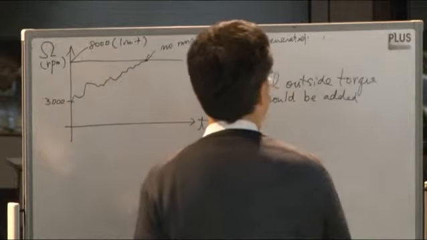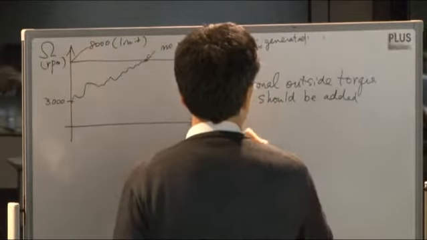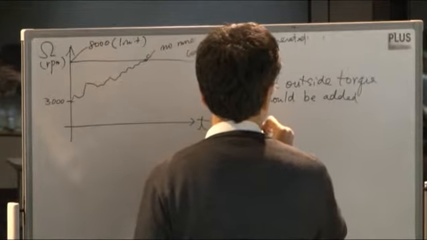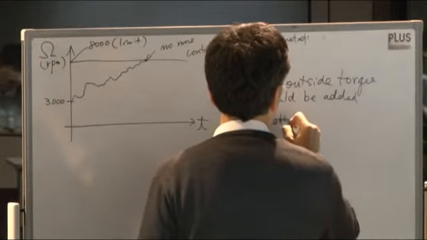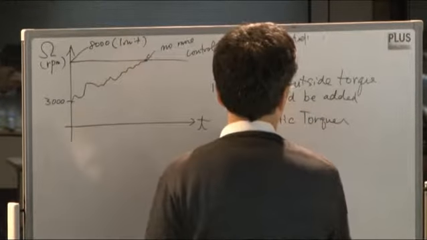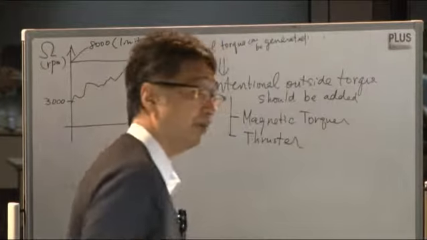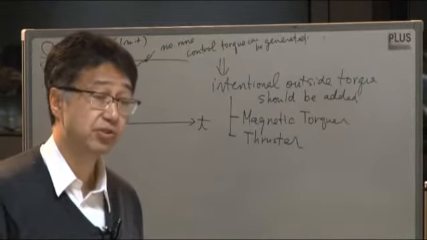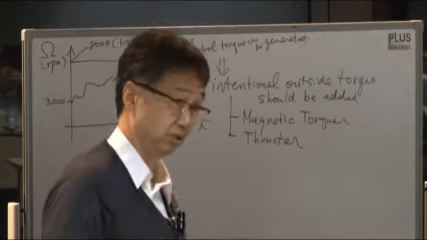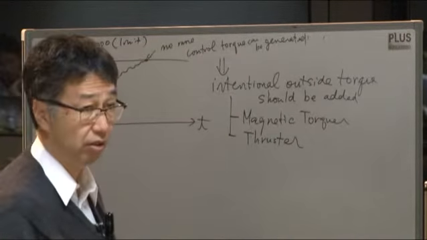And the intentional outside torque can be generated in several ways. The first one is magnetic torque, or thruster, attitude control thruster. If you have this kind of outside torque, then this limitation will be relaxed.